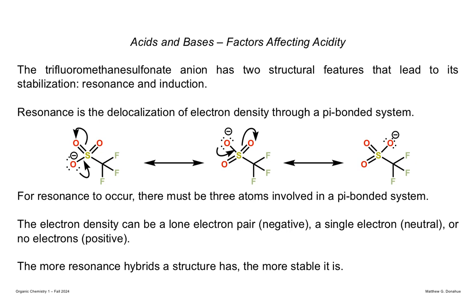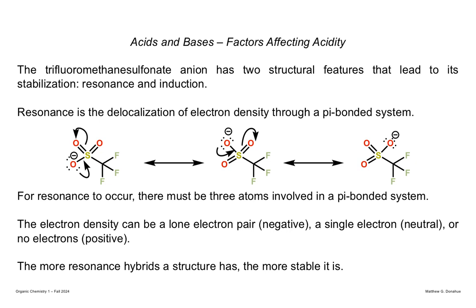There are two main things that affect acidity. The first is resonance and the second is induction. We saw a little bit in Module 1 about what resonance was, where we could delocalize a charge, say a negative charge, a plus charge, or a single electron throughout the molecule, and that helps stabilize the resultant species.